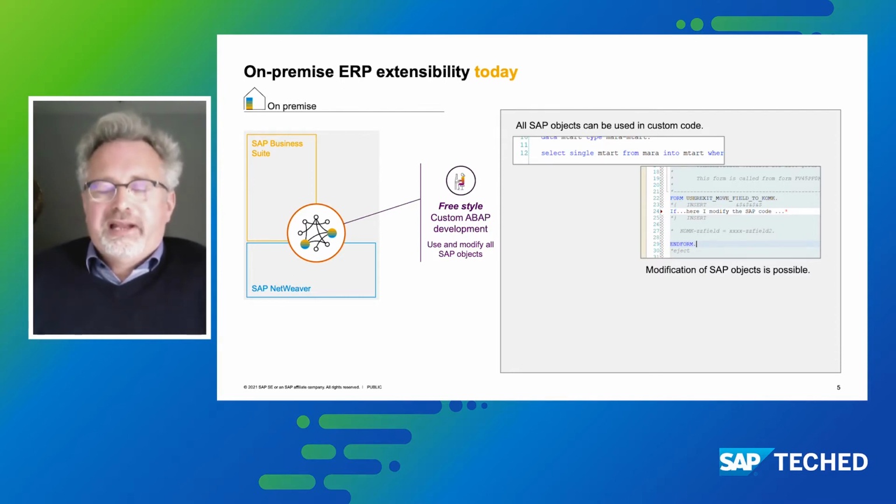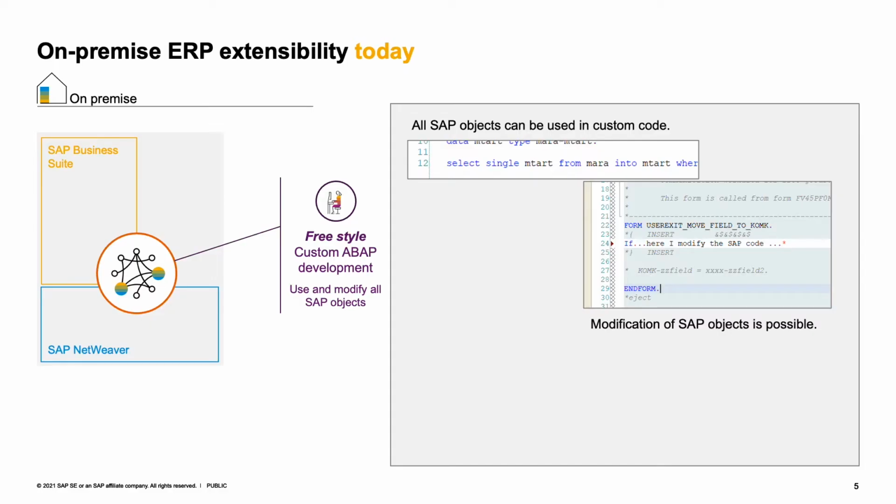And you are allowed there, more or less, to use all existing SAP objects. That might be an access to a table, a function module, a BAPI, or a certain class. You're free to use everything.